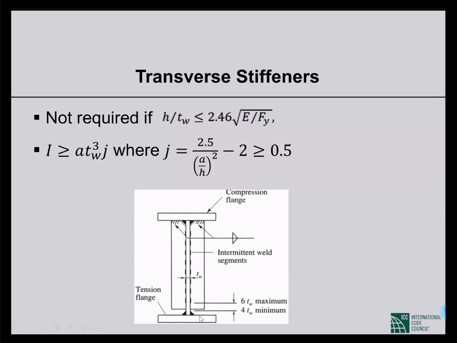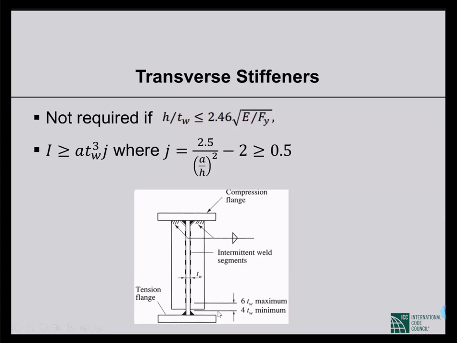And secondly, usually intermittent welding is used, and the welding is discontinued before reaching the weld between the web and the flange, and the gap is usually from 4 times the thickness of the web to 6 times the thickness of the web, something in between.